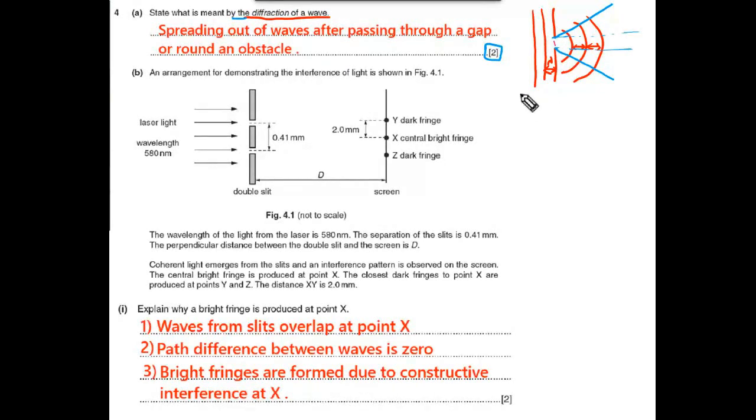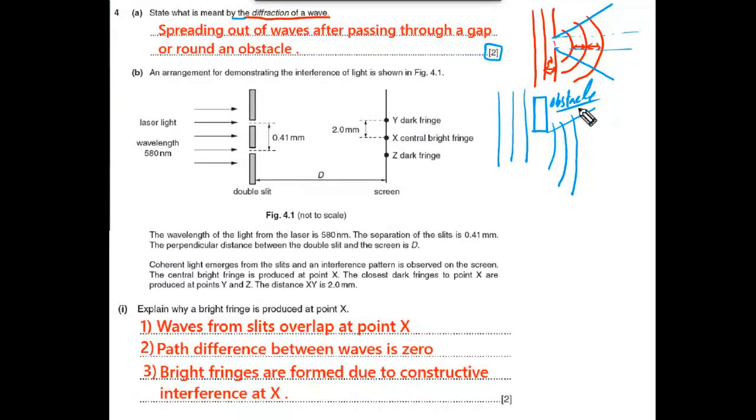So for example, if the waves are here and this is an obstacle, and these waves are coming, after passing through this one, they will spread like this. You see, they can go beyond, behind the obstacle. So this is the obstacle in front of the waves, and they can go behind.